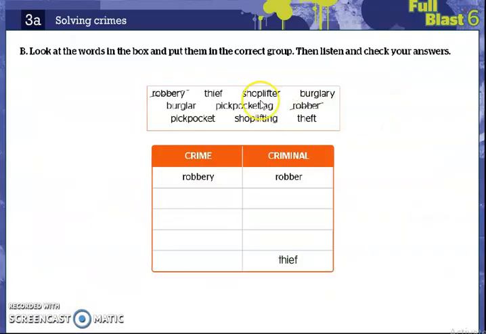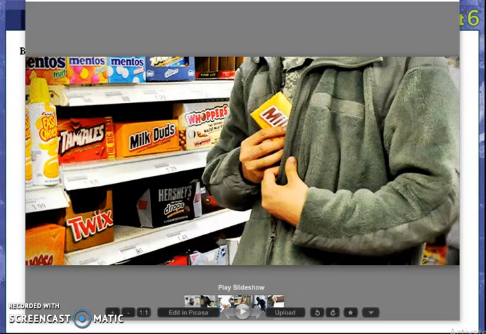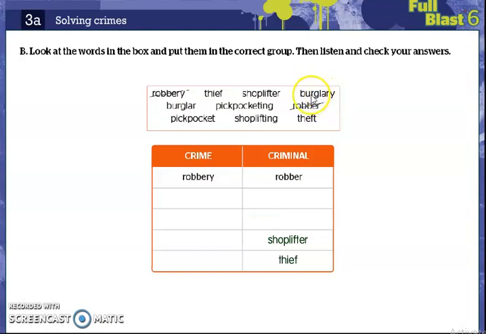Third word is shoplifter. Shoplifter is a criminal, and is a person who secretly takes goods from a shop without paying. Next word is burglary.